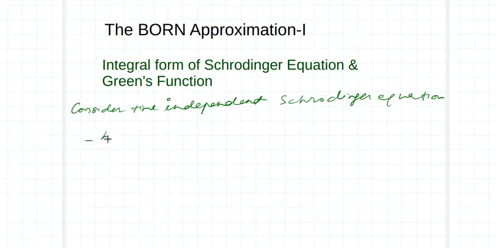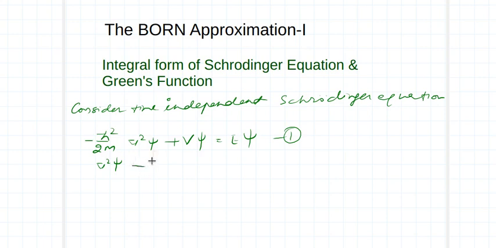That is minus h cross square by 2m del square psi plus V psi is equal to E psi. Let me call it equation number 1. This equation can be simplified as del square psi minus 2m over h cross square V psi is equal to minus 2m over h cross square E psi.